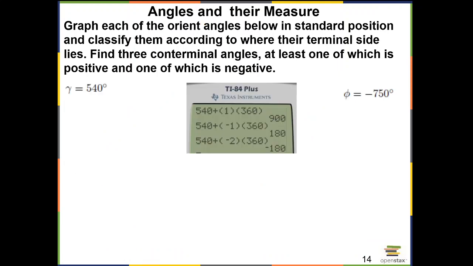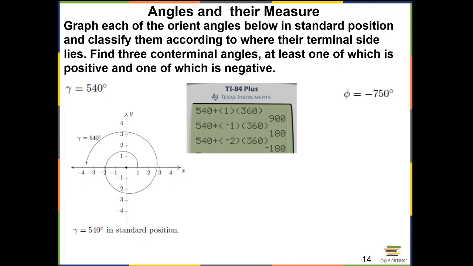All right, it says find three angles that are coterminal with each angle. Well, first of all, 540 is positive, so I have to go this way. That's 360. How much more do I have to go to get to 540? Well, 180 more, right?